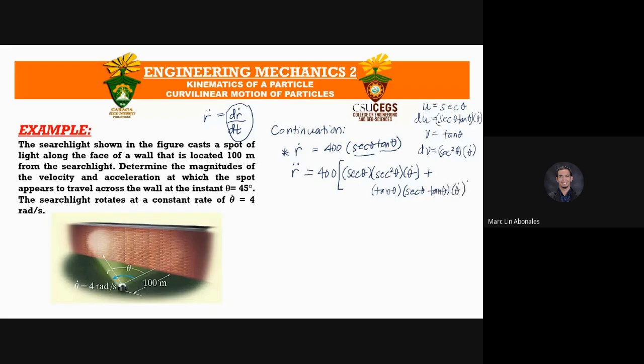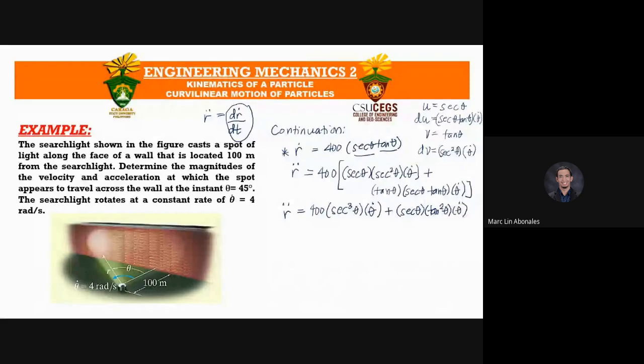So you just only simplify that, then i-distribute mo 400. So this would be 400. This will become secant cube theta theta dot plus secant theta tangent squared theta times theta dot.